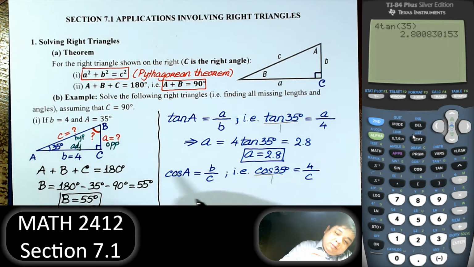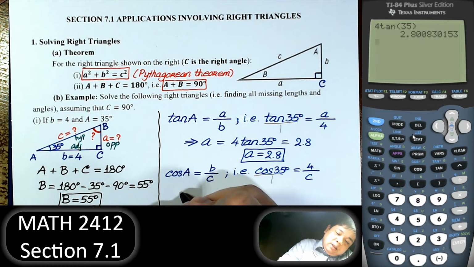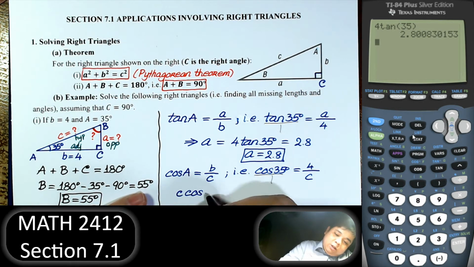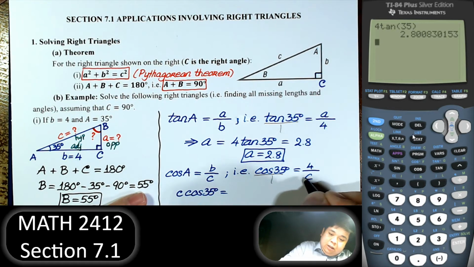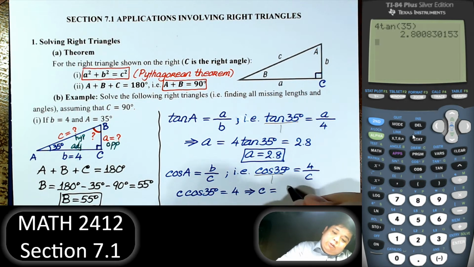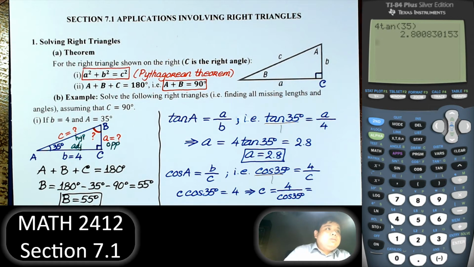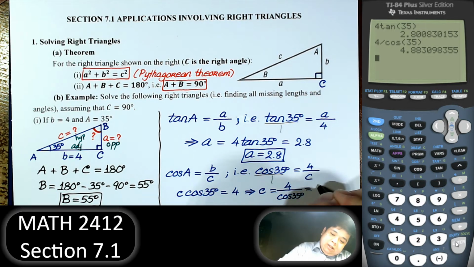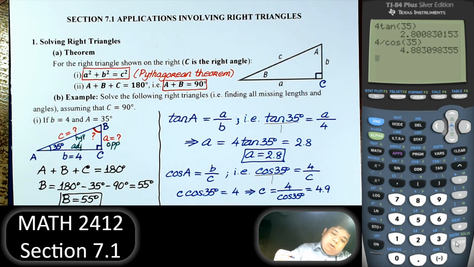Cross multiply: c cosine of 35 degrees is equal to 4. So c, little c, is equal to 4 over cosine of 35 degrees. That is 4.88. Let's round to 4.9. So c is equal to 4.9.